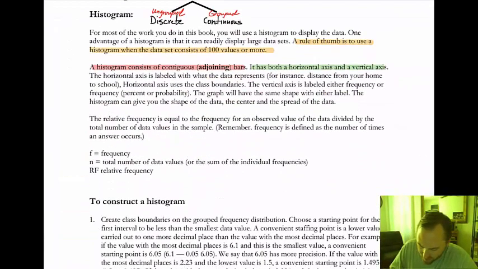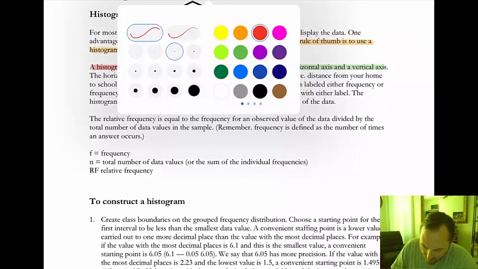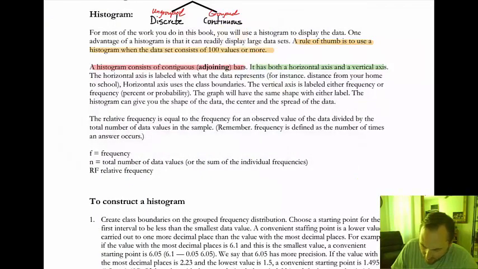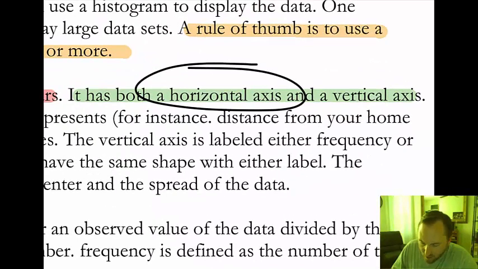As I go through the different types of quantitative measurement, I want to outline that the horizontal axis is going to be the units of that quantitative data: inches, centimeters, pounds, time, and that sort of thing.